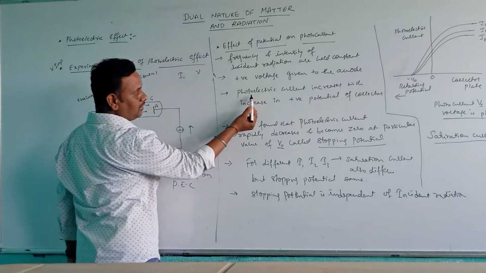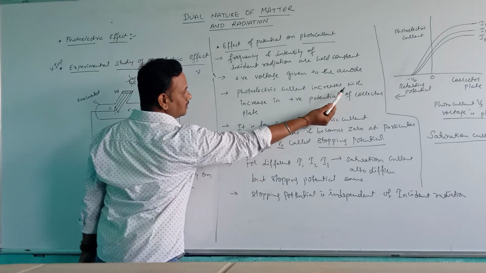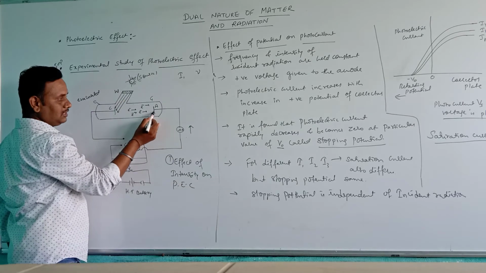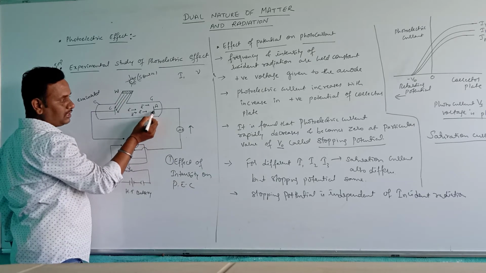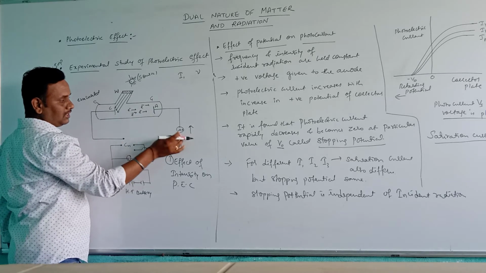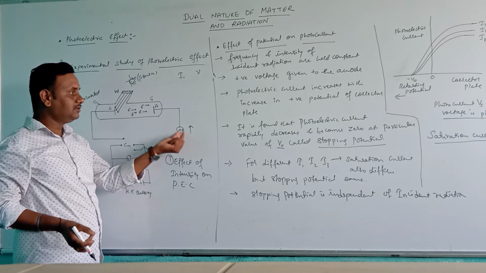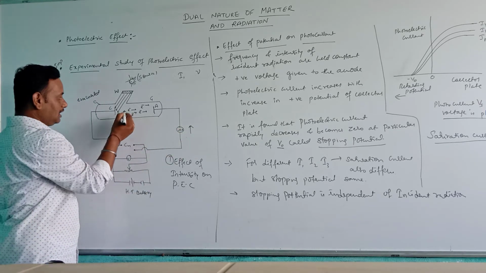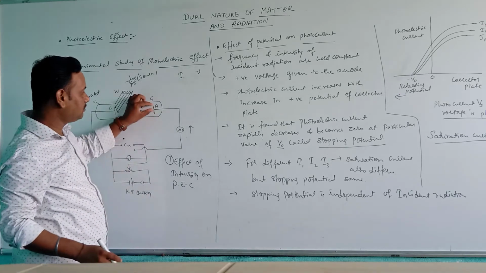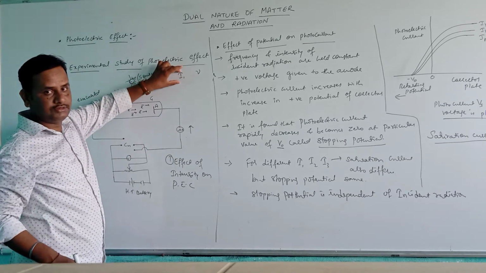So in the third point I have written here, you can observe that the photoelectric current increases with increase in the positive potential of the collector plate. Why is the photoelectric current increasing? Because the electrons get attracted towards the anode plate, which is called the collector plate. This is at a particular intensity I1.